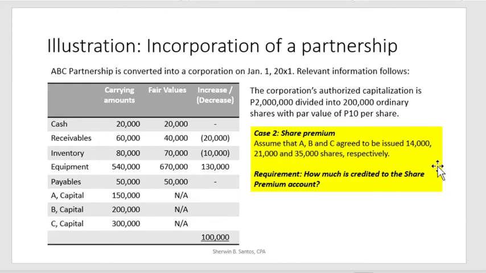Pero dito, meron na silang in-specified na number of shares na yan. So, 14, 21, and 35,000. So, i-add mo yan. 14, 21, 35, yan ay 70,000 shares. So, the question is, how much is credited to the share premium account?